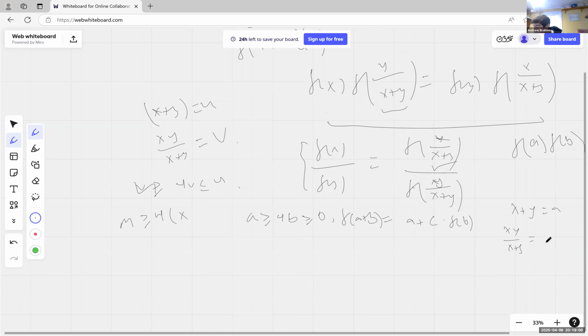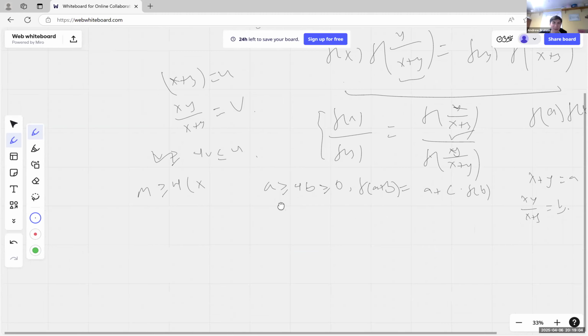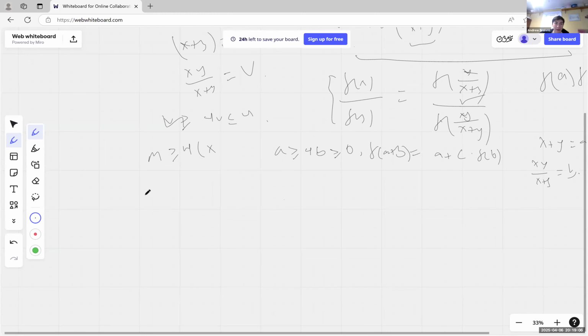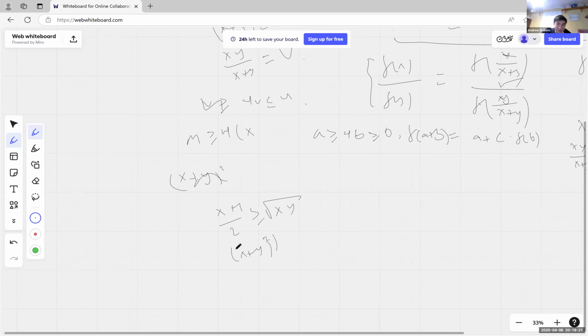Because by the AM-GM inequality, x plus y over 2 is greater than or equal to the square root of xy. So x plus y squared is greater than or equal to 4xy.